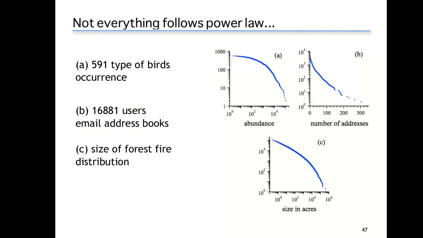So funnily again, birth occurrences of different types, or the number of users in email address books, or sizes of forestry, are not following power law. But in many networks and real world scenarios we find power law distribution. And this is going to be an important thing for the forthcoming graph model.